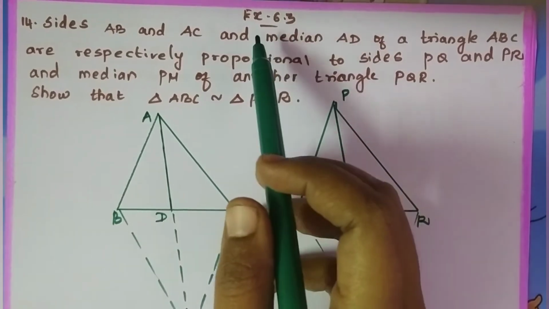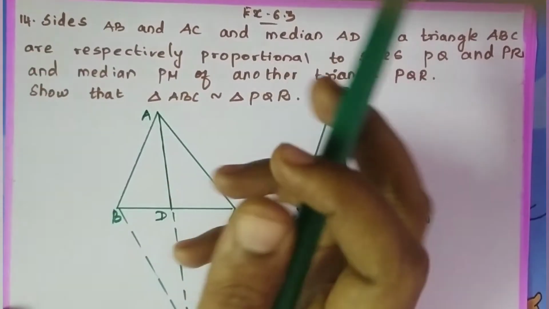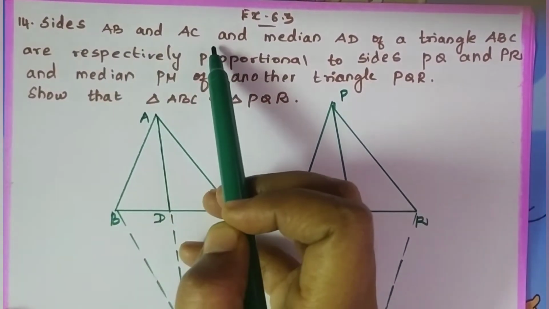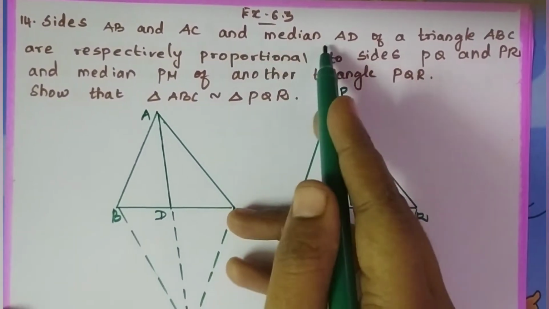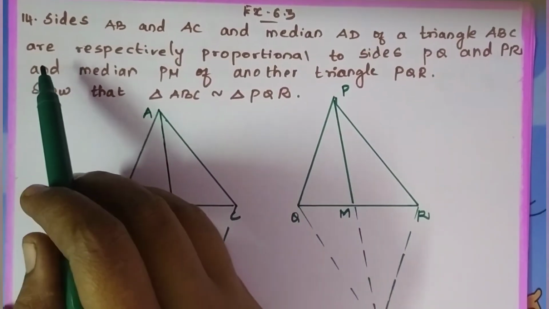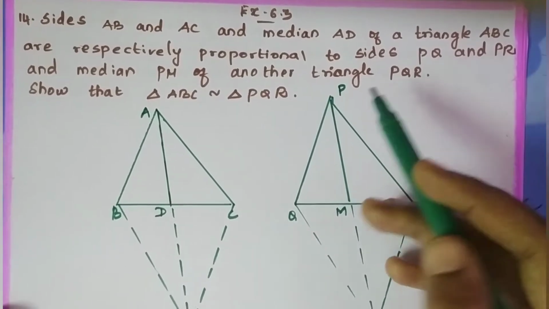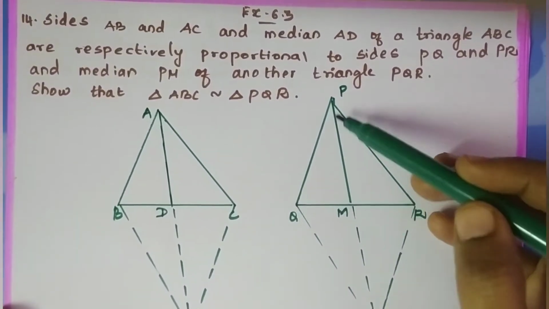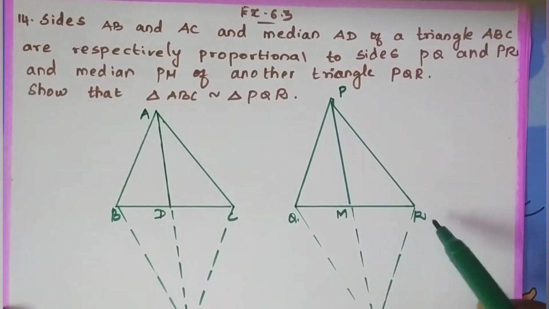Namaste students, in this video we are going to see exercise 6.3, 14th problem. Sides AB and AC and median AD of a triangle ABC are respectively proportional to the sides PQ and PR and the median PM of another triangle PQR.